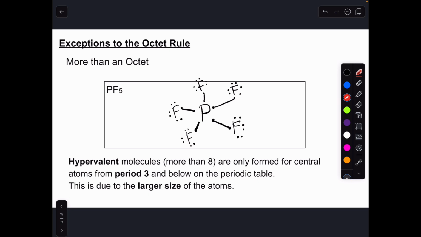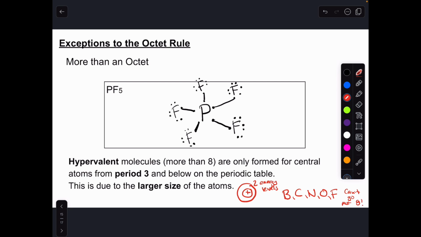So if this is my atom, atoms that only have 2 energy levels are too small and they can't be hypervalent, okay? So that would be boron, carbon, nitrogen, oxygen, and fluorine on the periodic table, which can't go past 8.